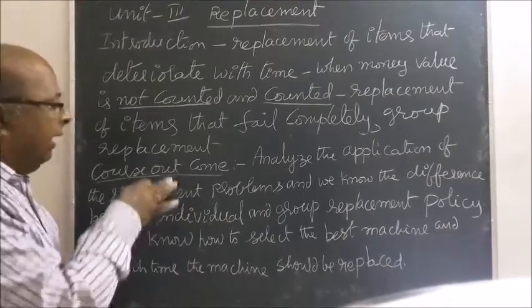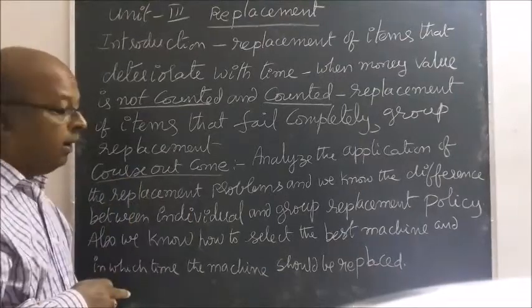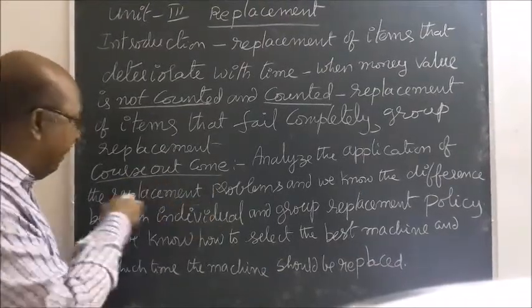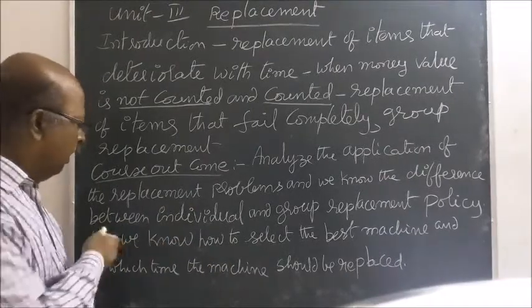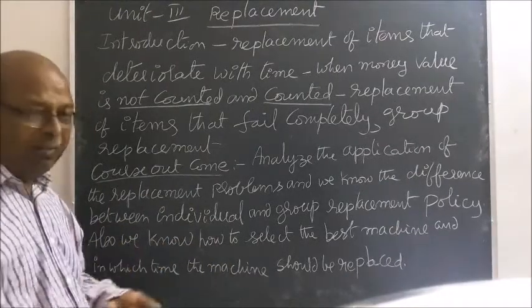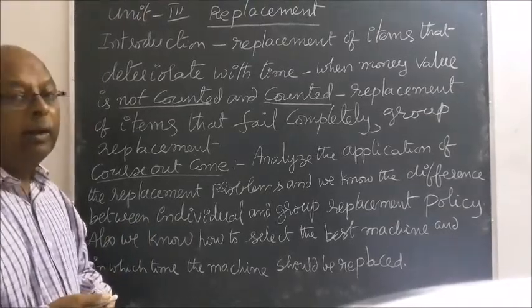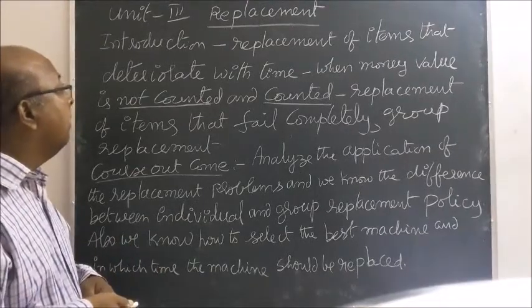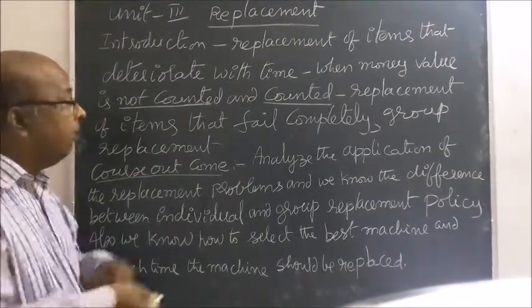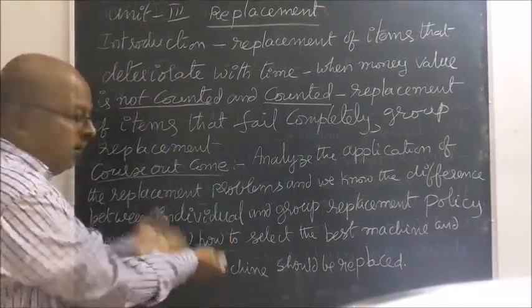Course outcome: Analyze the application of replacement problems, and know the difference between individual and group replacement policy. Also we know how to select the best machine and at what time the machine should be replaced. These are the outcomes of Unit 3 after studying this syllabus.